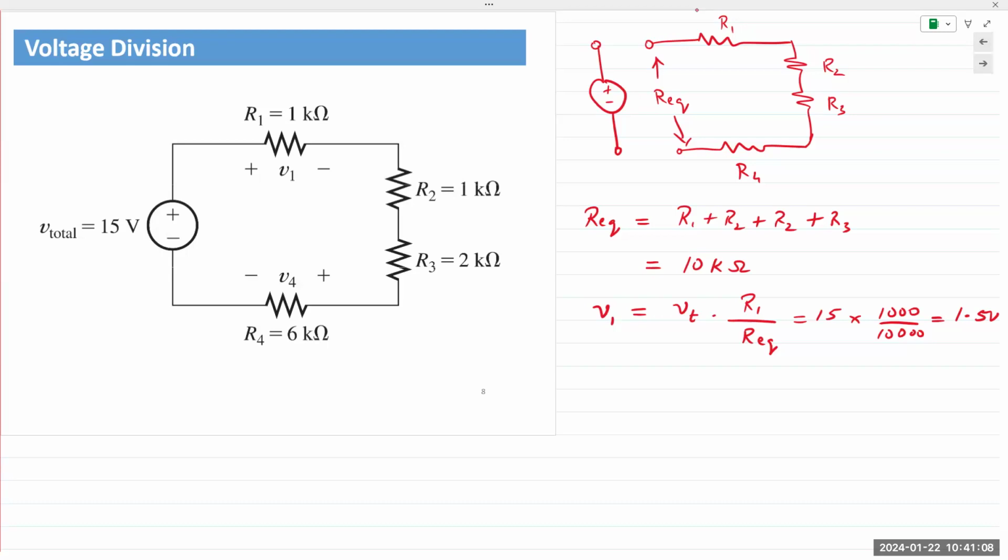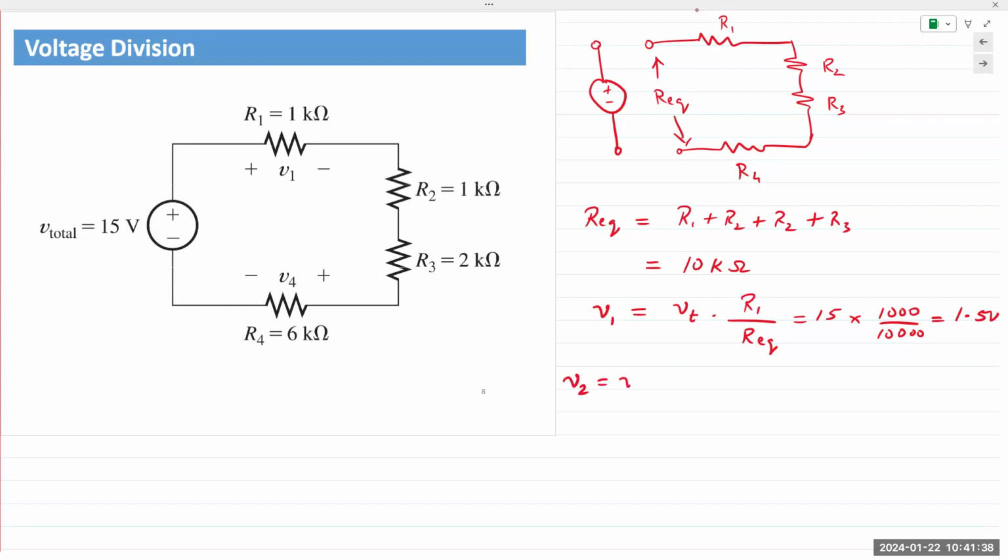So even before applying the equation, we know what the voltage for R3 and R4 should be. Right? R3 is twice as much as R1 and R2. So if it's twice as much, we'd expect twice the voltage of V1. So V3 would be 3 volts, or should be 3 volts. And V4 is 6 times as much as R1. So that would be 6 times V1. Let's see if we get that or not.